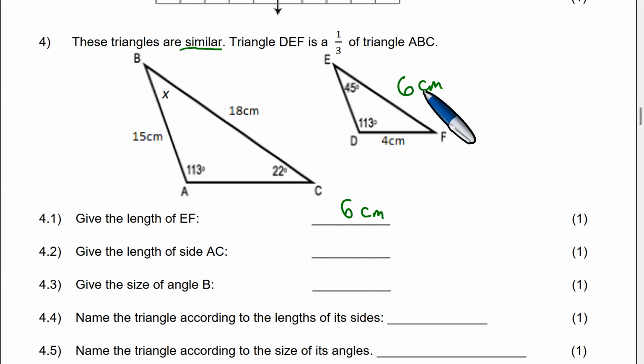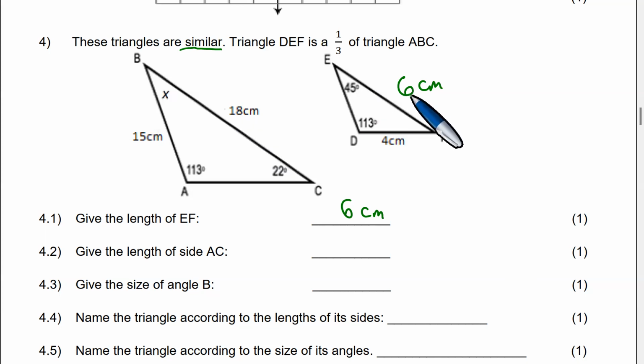If we are given 6, how do you get the one that was there before? Because it's 1/3. Here you divide by 3 to get 6, but if you move backwards, you multiply by 3. So 6 centimeters by 3 is what? It's 18.